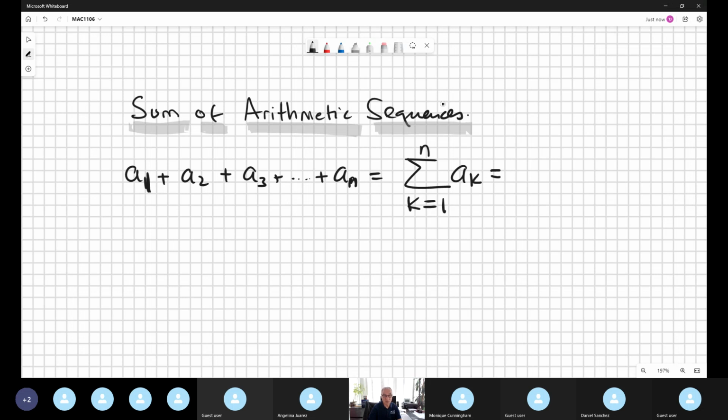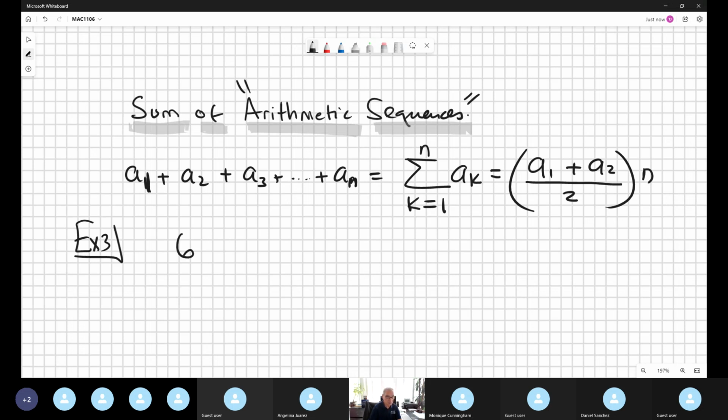The formula is you take the first, you take the last, addition, divided by 2, and multiplication by n. This is the formula that guarantees us an easy way to compute the sum of the different numbers that you put together, addition, but they represent the arithmetic sequence. Let's see an example. Example 3.